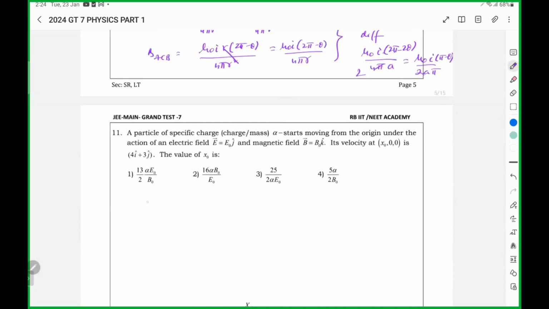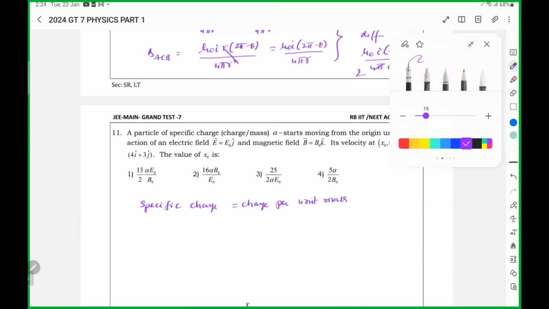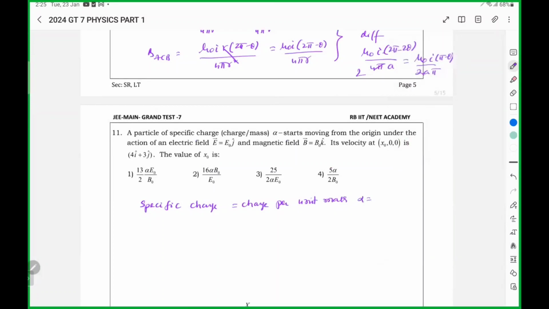Here, specific charge. Specific charge means, basic definition, charge per unit mass. That is alpha equal to q by m.